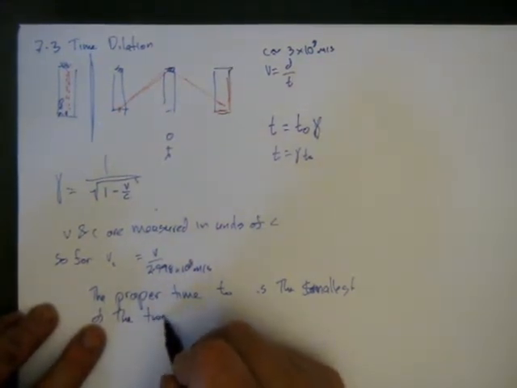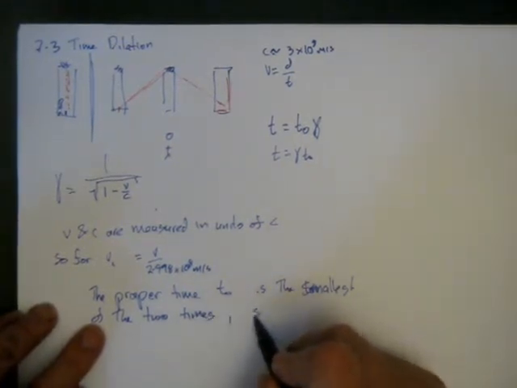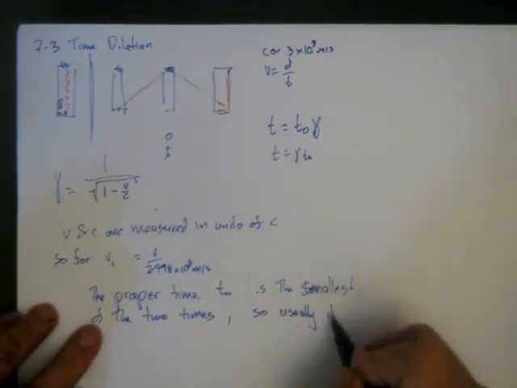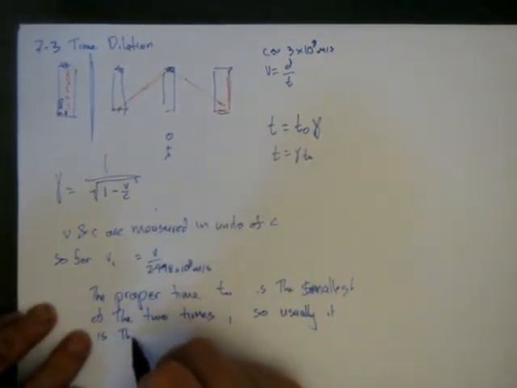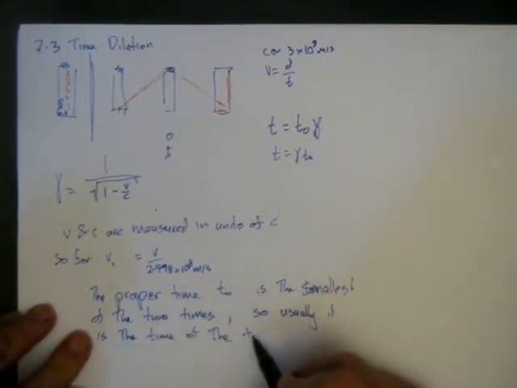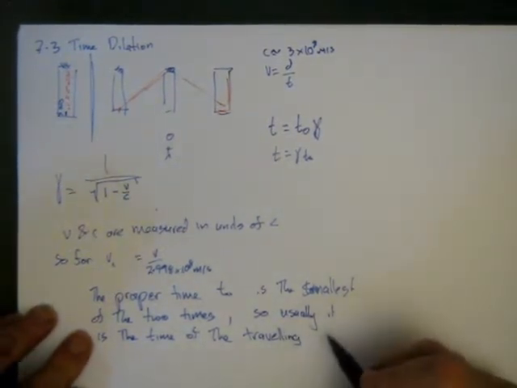And that's usually the time for the travelling object, because the travelling object would usually experience time slower than the standing object.